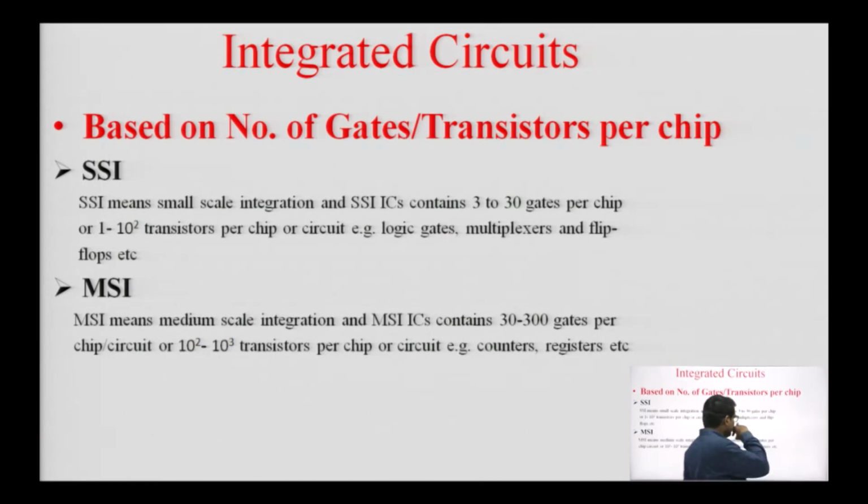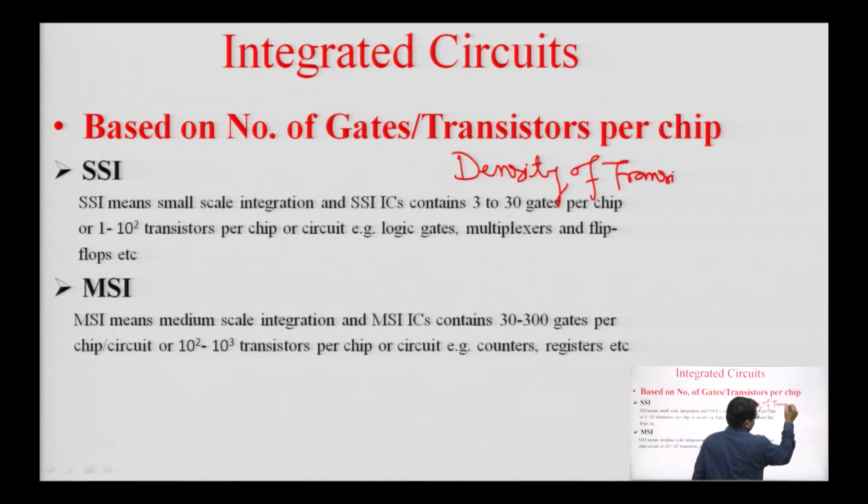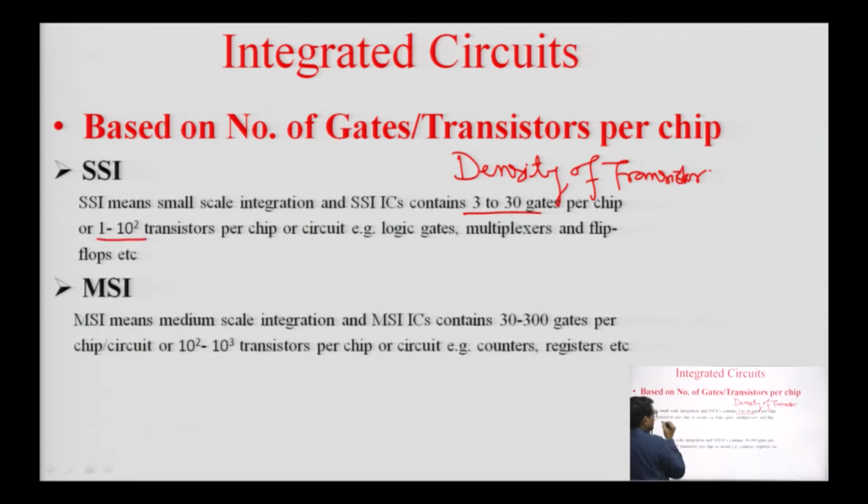Number of gates and number of transistors per chip means, according to density, this is defined as the density of transistors.